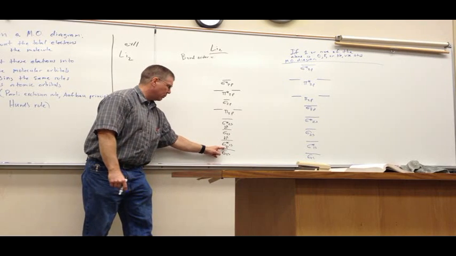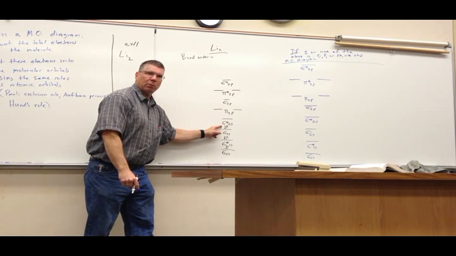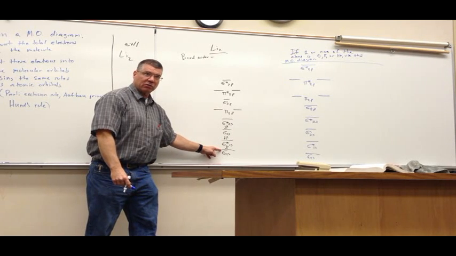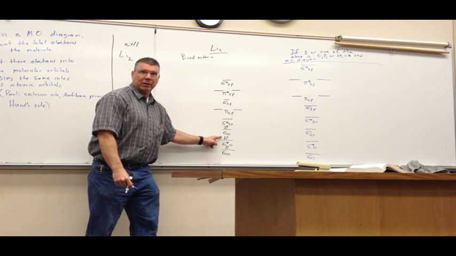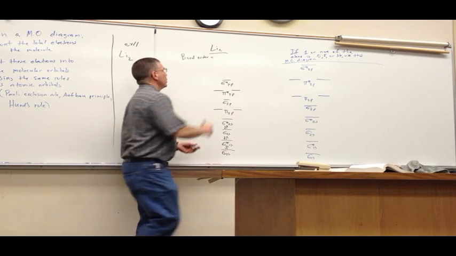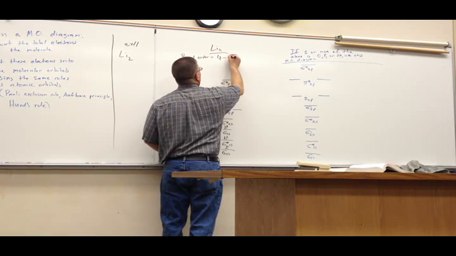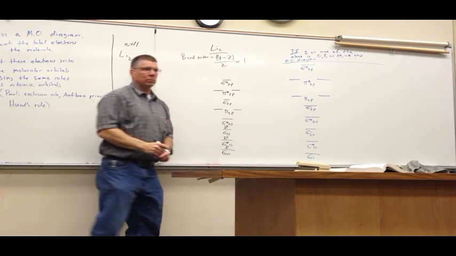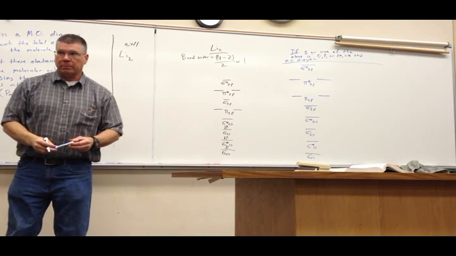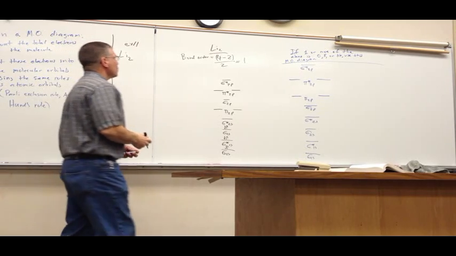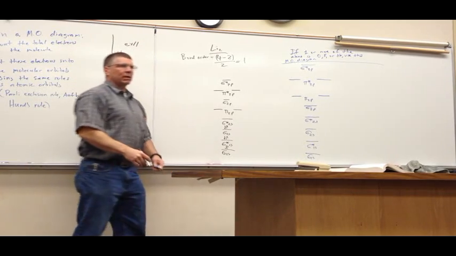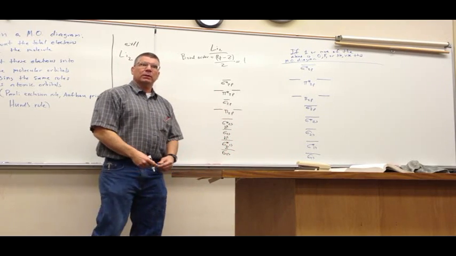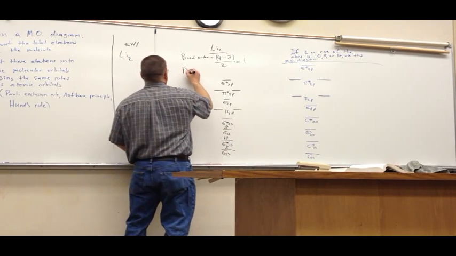Can you guys see that these two and these two are both in bonding molecular orbitals? So we have 4 bonding electrons. We have 2 anti-bonding electrons. So we have 4 minus 2 over 2, which is 1. Okay? Is the molecule predicted to be paramagnetic or diamagnetic? Diamagnetic. And that's the kind of thing you do.